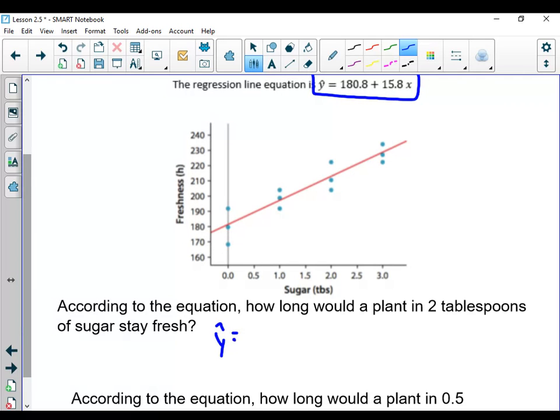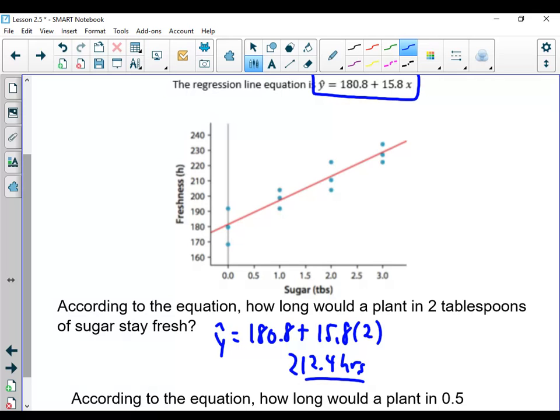So if I want to make my prediction, I'm going to take 180.8 plus that 15.8 now times 2, because they want to know for 2 tablespoons. And now it's just a matter of plugging it into the calculator. And when I do, I get 212.4. In this case, hours.